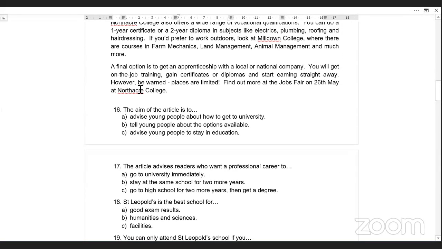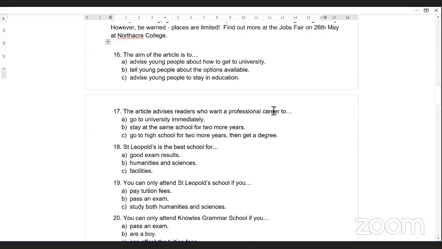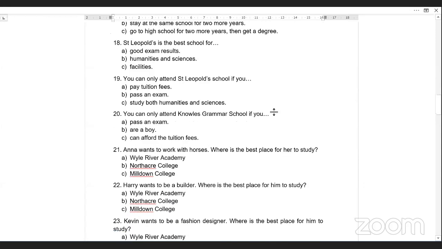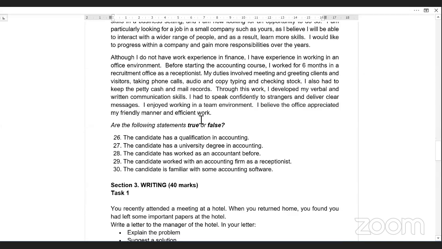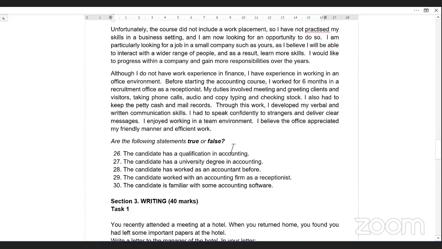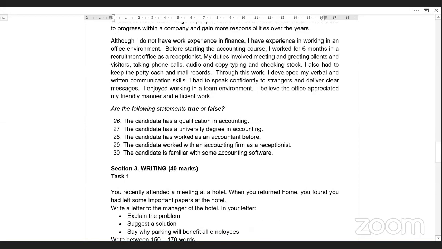When you are doing it at home, guys, please do them in the Word file itself. You open it and you highlight the answers, okay? In the next one, you will have true, false. Here, there is no option like don't say or not given. The third option is not there for you, just true or false.